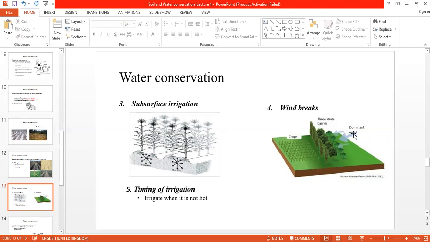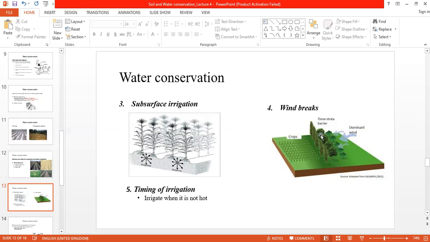But if you don't have these windbreaks and you have wind, the wind will start blowing away that vapor in the atmosphere. If it blows it away, it reduces the vapor in the atmosphere, and the evaporation will continue occurring.